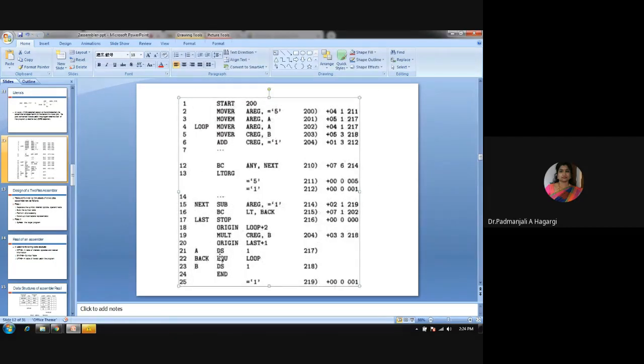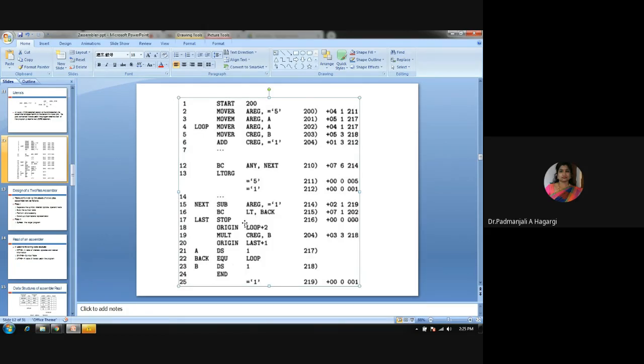Therefore, it will take the same location counter value, same processed value, because it is declared here by assembler directive. So therefore, now here which was kept as blank, it uses the same 202.